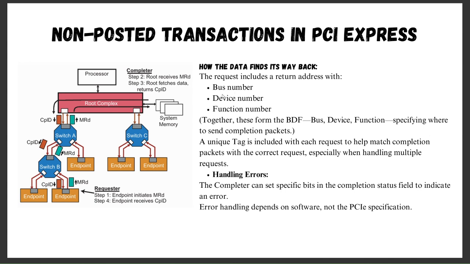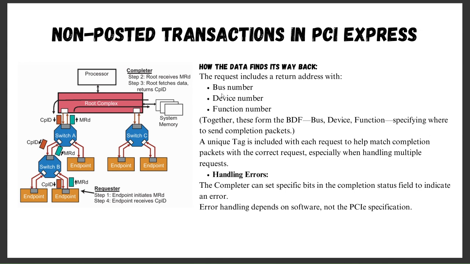Additionally, the request also had a tag. Each request is given a unique tag to help the endpoint match the incoming completion packets with the correct request, especially when multiple requests are being handled simultaneously.